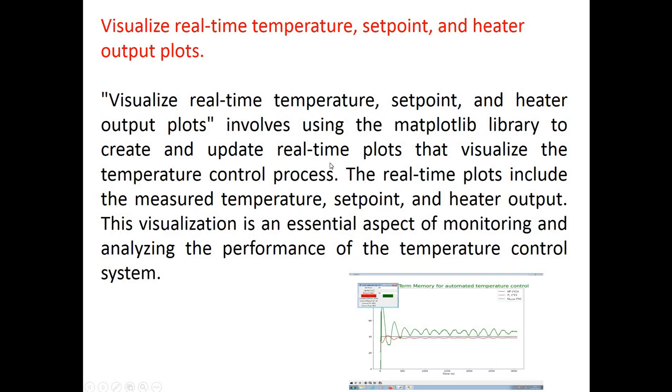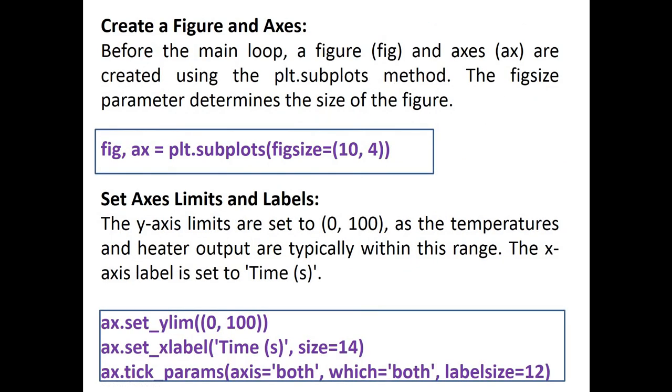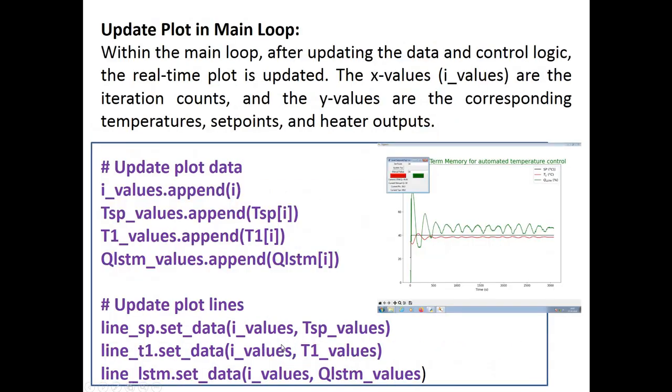Now how to visualize the real-time temperature, set point and heater values, they are here. Now you are going to plot it. The plotting is nothing but you have to create an XY frame. That is where you have created a label called time, and this kind of a screen you are going to get.